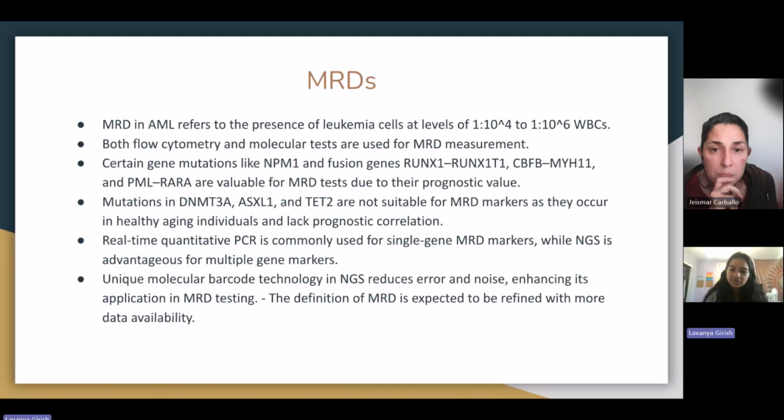Some mutations are not suitable for MRD markers as they occur in healthy aging individuals and lack prognostic correlation. Real-time quantitative PCR is commonly used for single-gene MRD markers, while NGS is used for multiple gene markers. Unique molecular barcode technology in NGS reduces error and noise, enhancing its application in MRD testing. And the definition of MRD is expected to be more refined when there's more data available, so this one is less common.